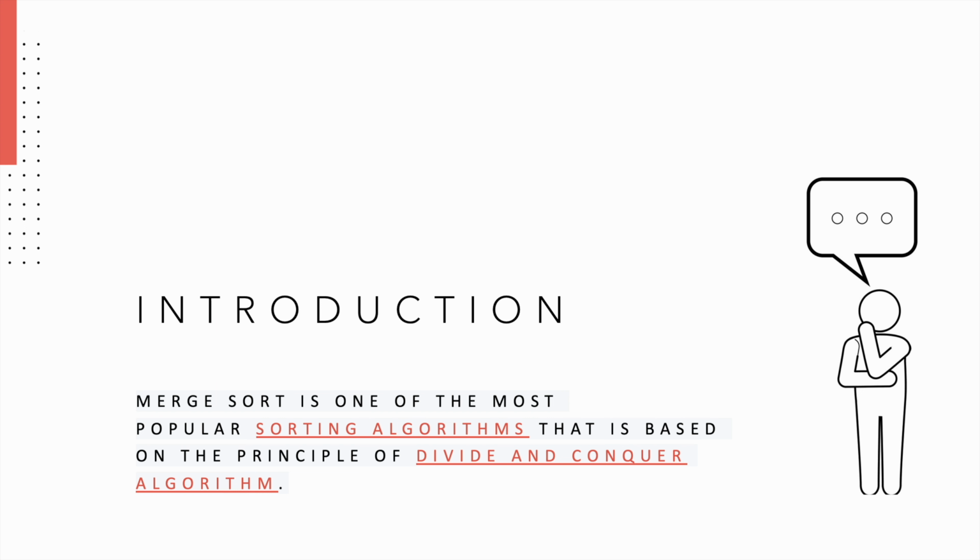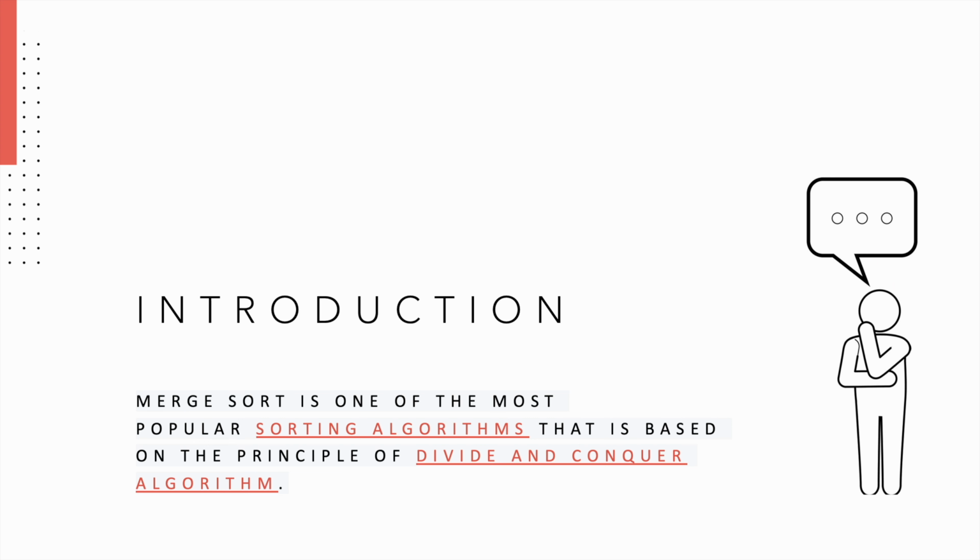The principle says that we divide the array or the data available into small elements, and then after dividing those elements, we use the conquer technique to conquer all these elements into the sorted one.